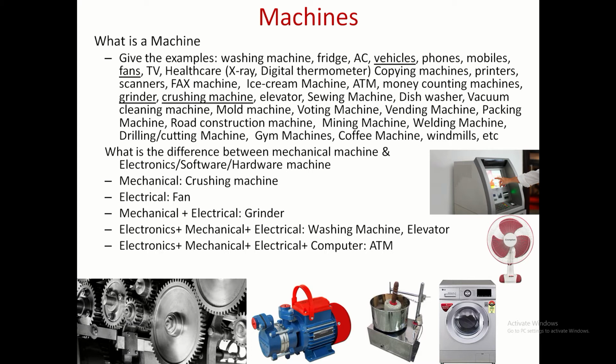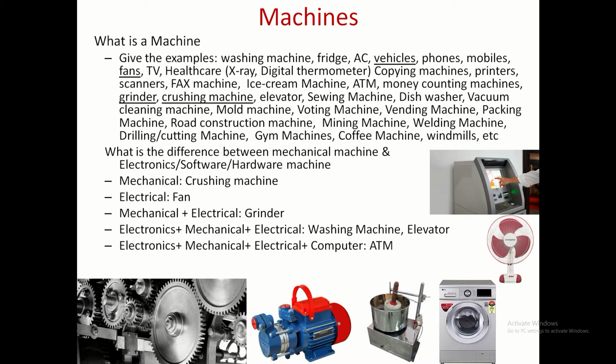All right, so a machine may be purely mechanical, or a machine may be like our ceiling fan, which is a motor, right? Is a pure electrical system, or maybe grinders, right? The mixers.